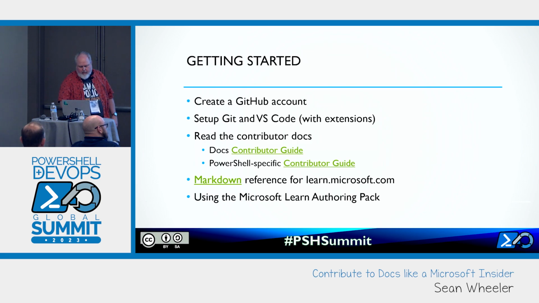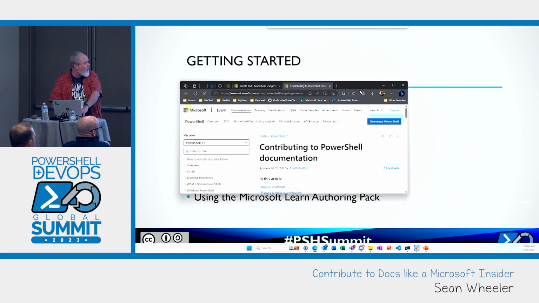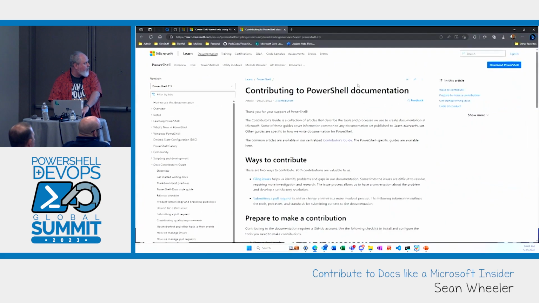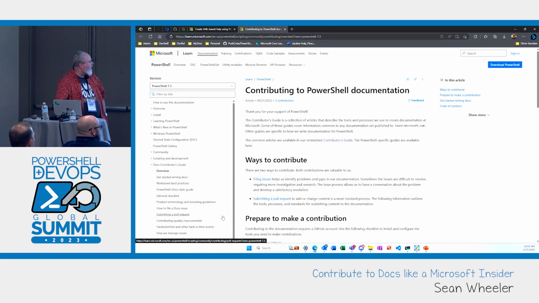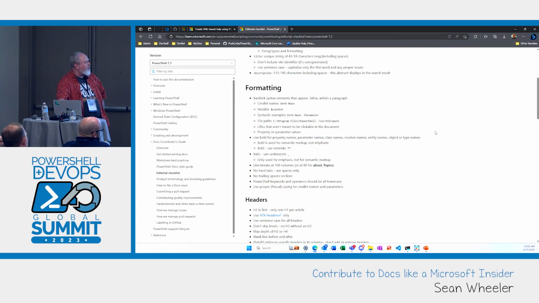So some of the things, and this is what we're going to cover in the Docathon in more detail. The PowerShell one, we have our PowerShell style guide here. Our editorial checklist gives the details. But for example, in the PowerShell docs, we have some formatting rules.